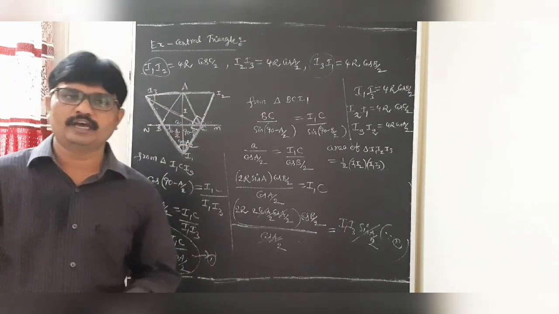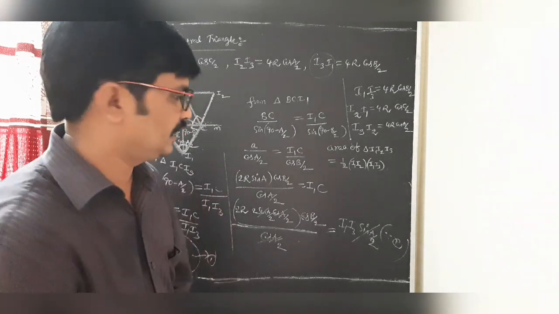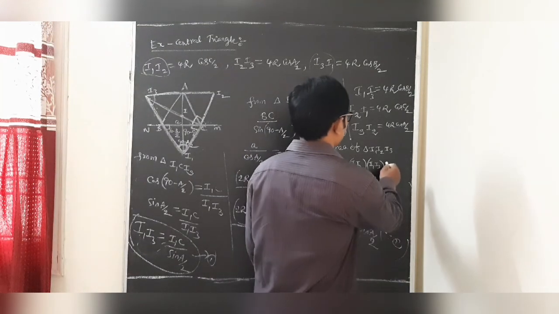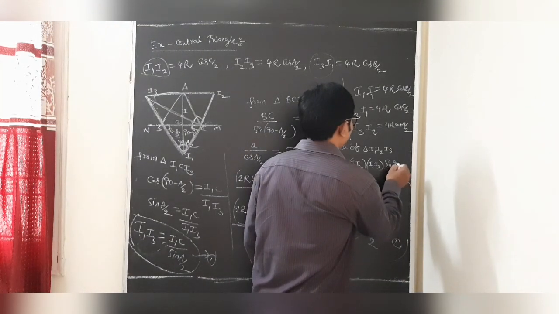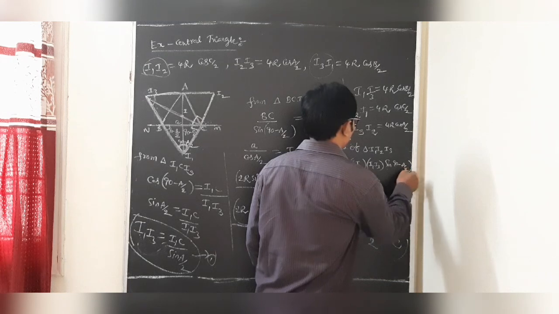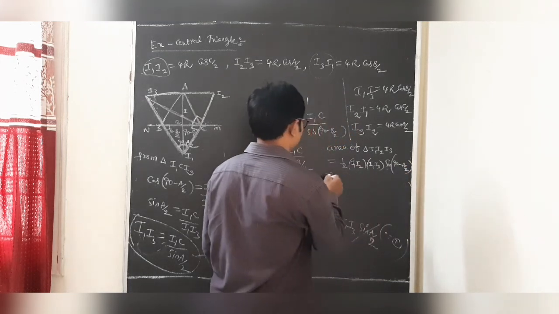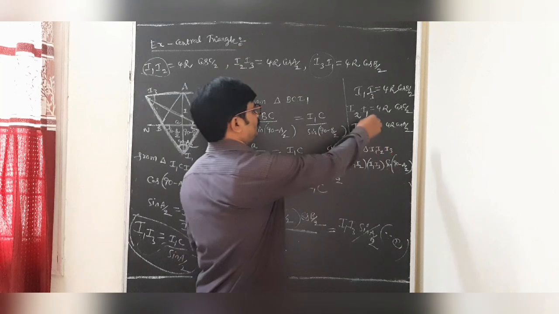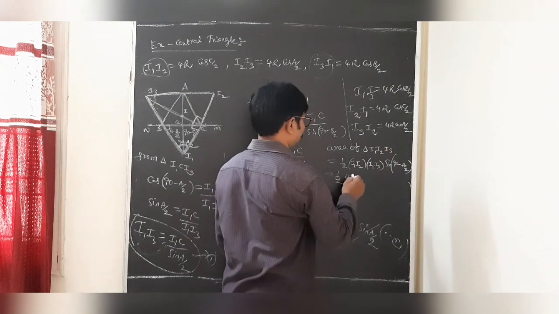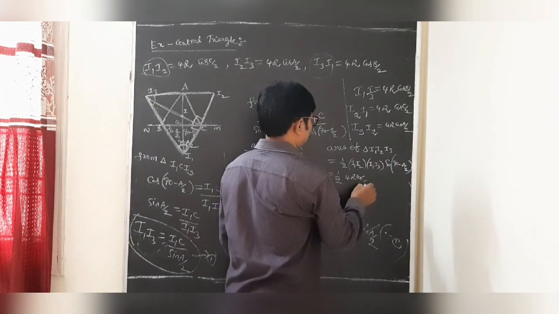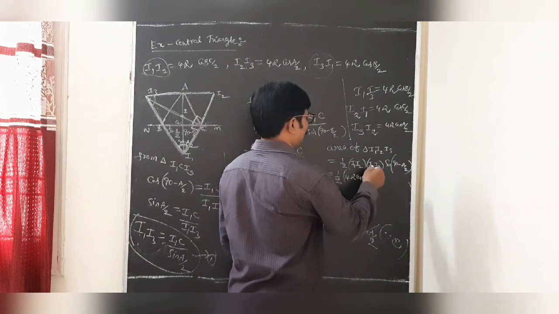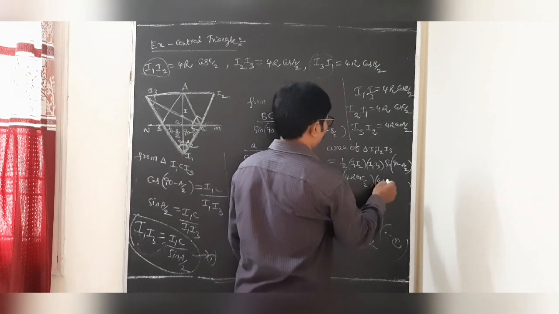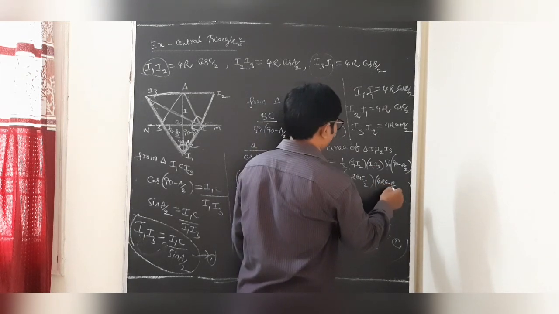Half of BC sin A, of CA sin B, of AB sin C. Therefore, this is sin of 90 minus A by 2. This is half into I1, I2. What is I1, I2? 4R cos C by 2. What is I1, I3? 4R cos B by 2.